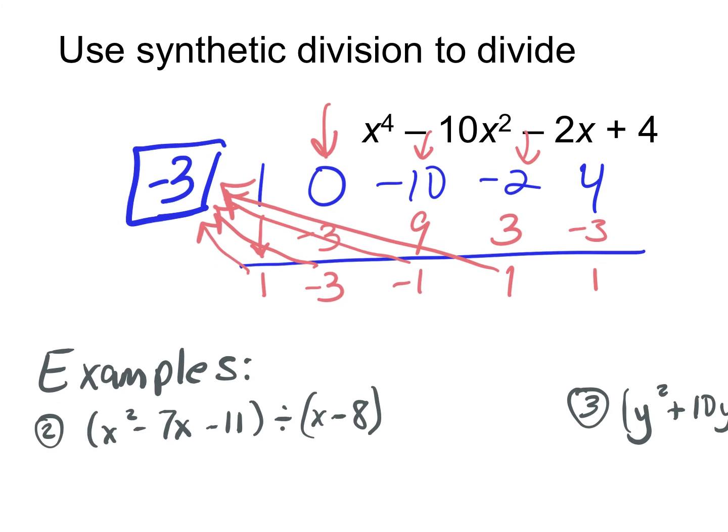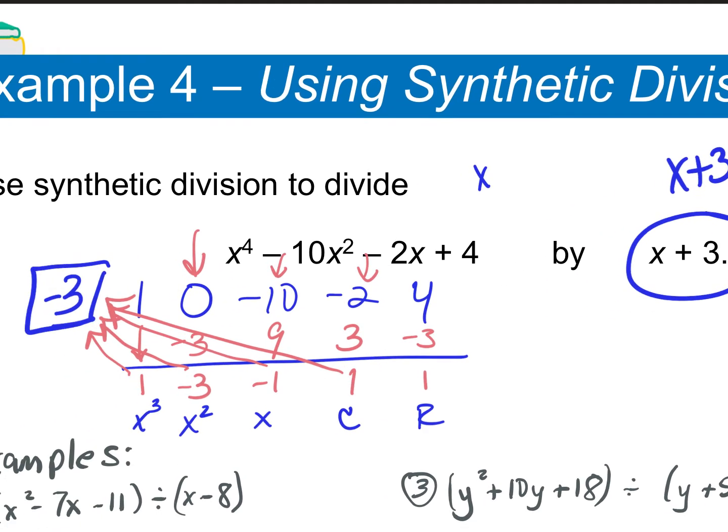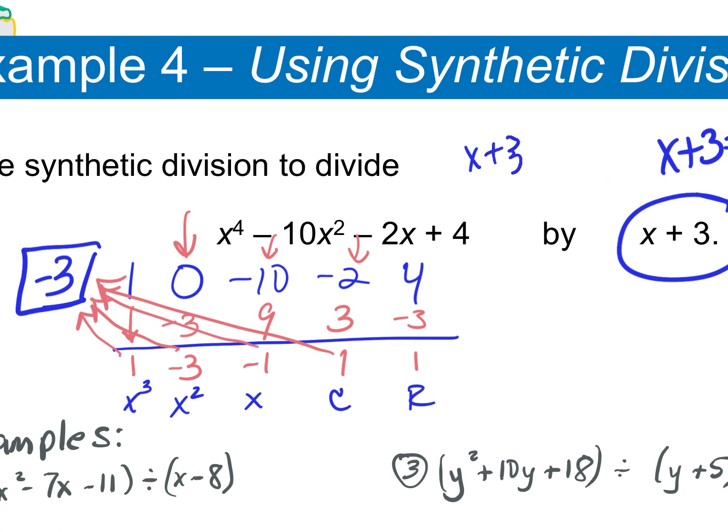Okay, we're done. How do I write my answer? You just write it starting with the next exponent down. Why is that? Because it has to go down. Think about this, guys. If I was dividing x plus 3 into x to the 4th, how many times does x go into x to the 4th?